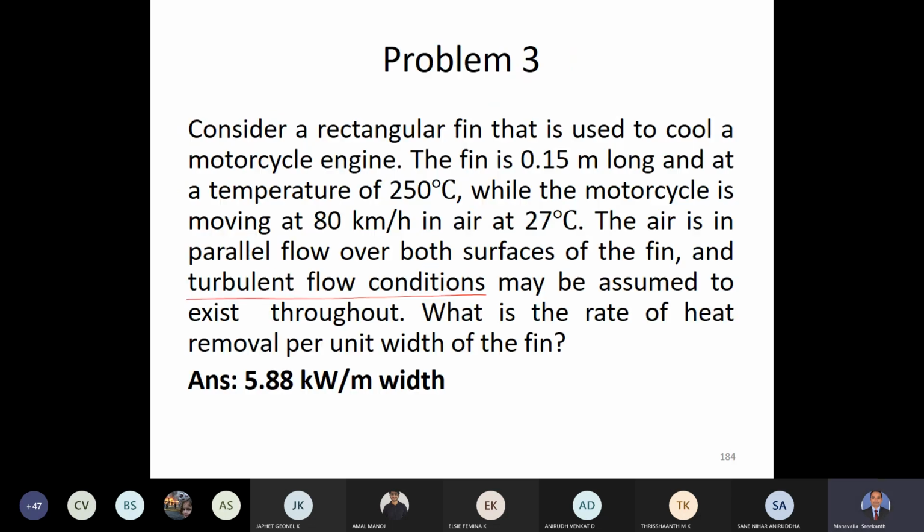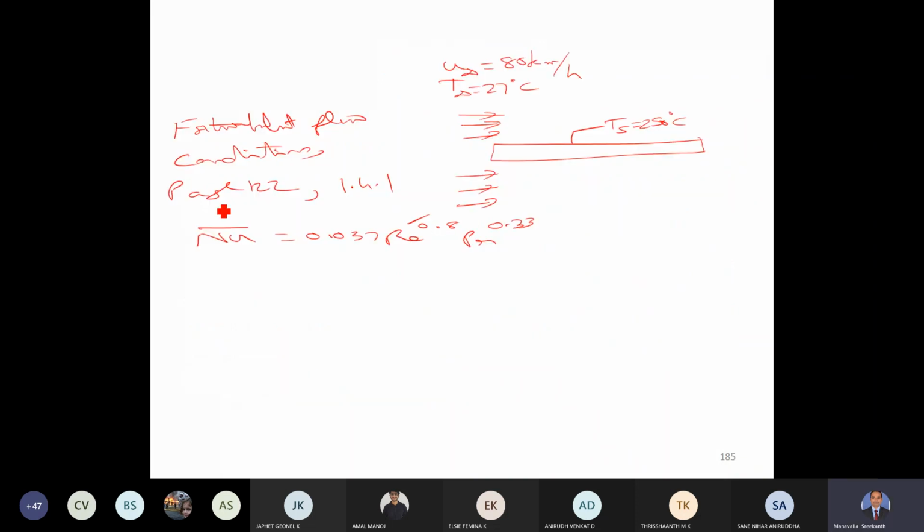Now, in this problem, we are not given the value of the properties. So we'll have to look up the properties. The fluid is air, so we'll look up air properties. But at what temperature should you look? At the top of this particular chapter in the data book, page 121, you are told that the properties must be evaluated at film temperature, TF, which is the average of the surface and the free stream temperature.